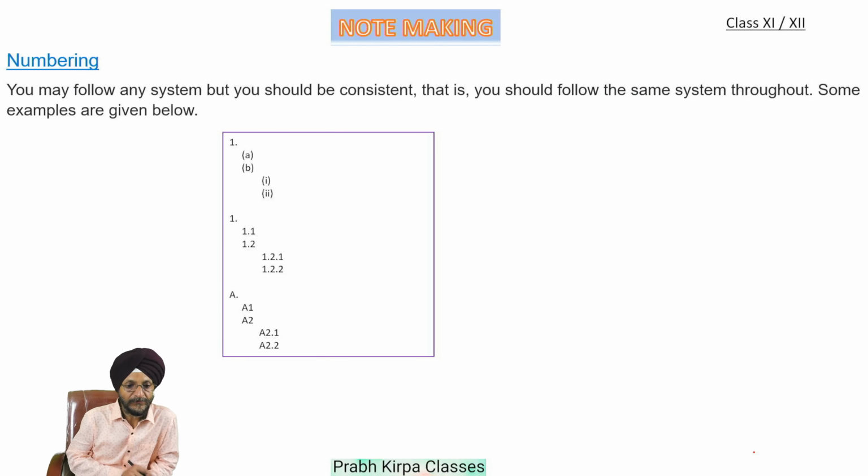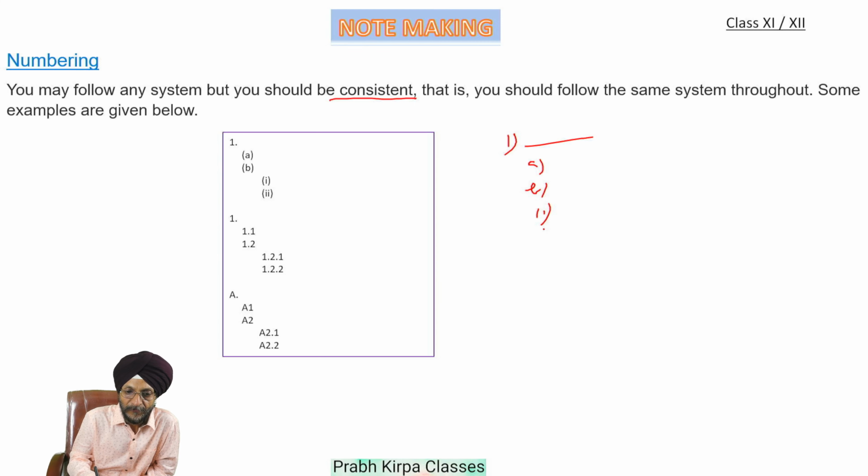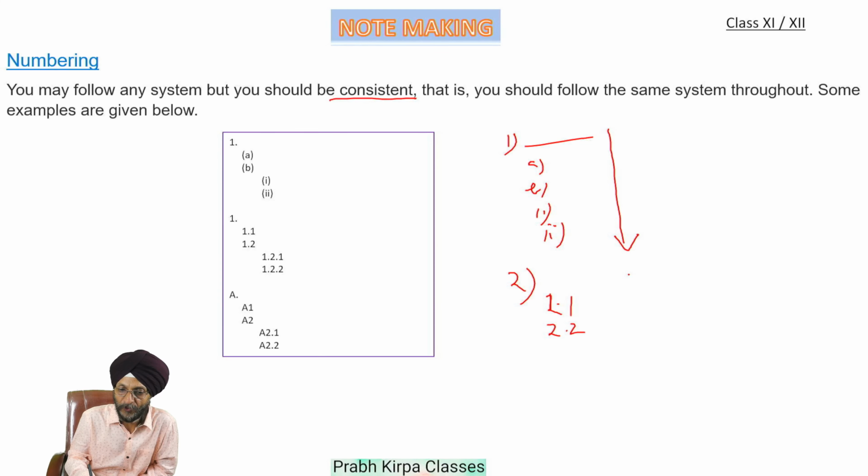Next, numbering. You may follow any system, but you should be consistent. What does it mean? It means that if we are following, suppose, this system, 1, A, B, and after that 2, it does not mean that for the second heading you can use 2, 1, 2.1, 2.2. You cannot do that. You have to use the same format.